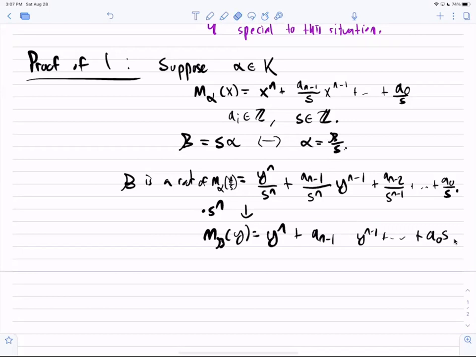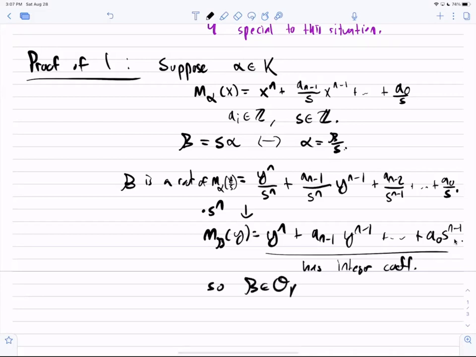This is supposed to be a minus 1. Try this again. Multiplying by s to the n, and then here I get s to the n. Okay, but the point is now this has integer coefficients. So beta is in O_K. Okay, and that's what I had to show for part 1.